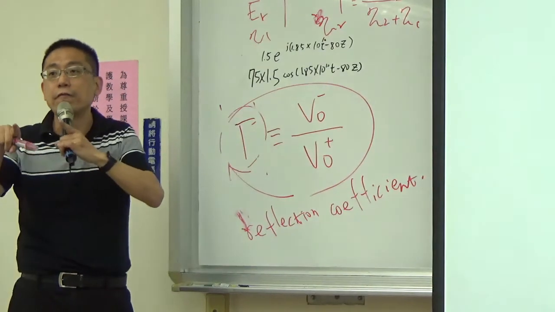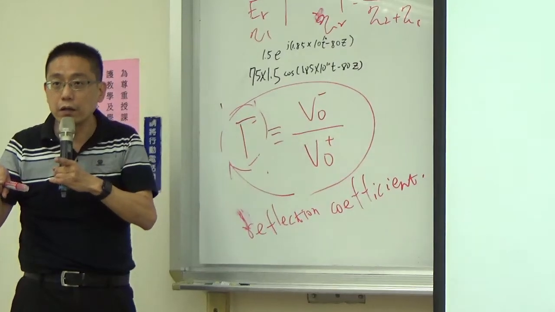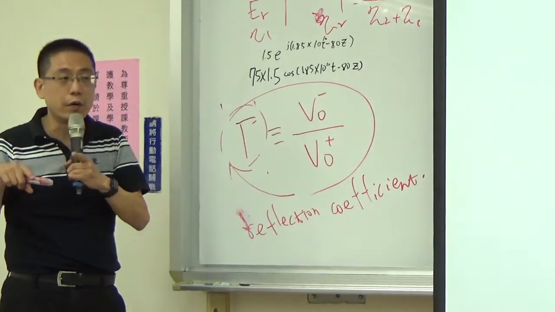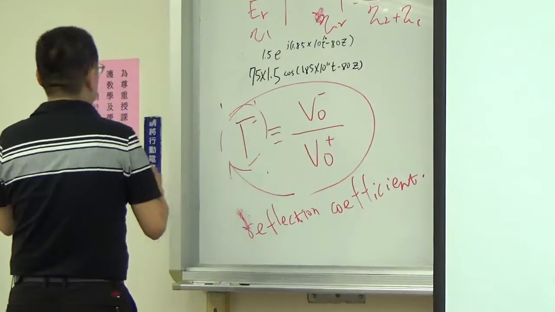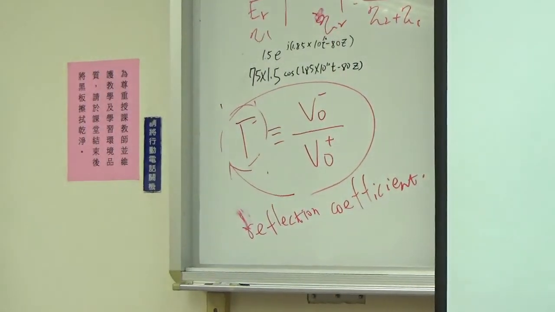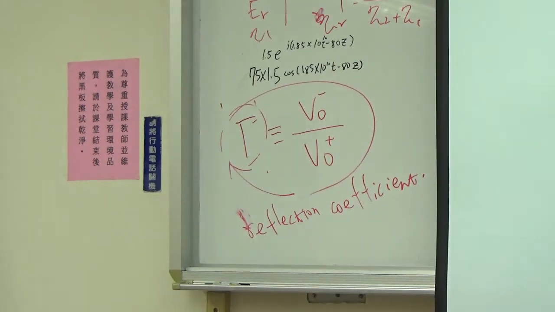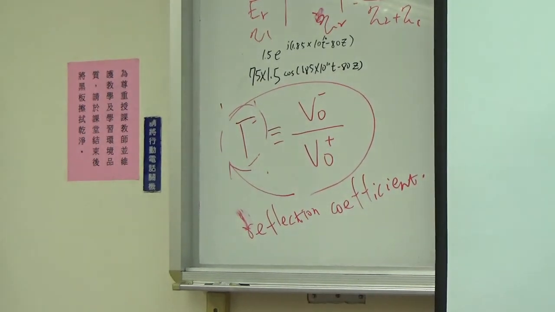When you use your VNA to measure your S11 in dB, you will get 20 log of your reflection coefficient. This is S11 in dB. The results of these two are both negative.